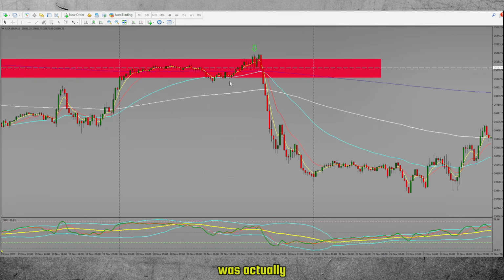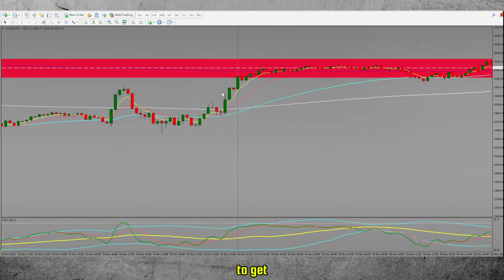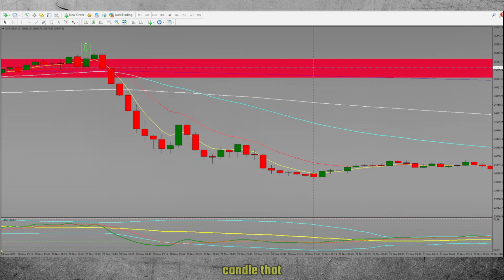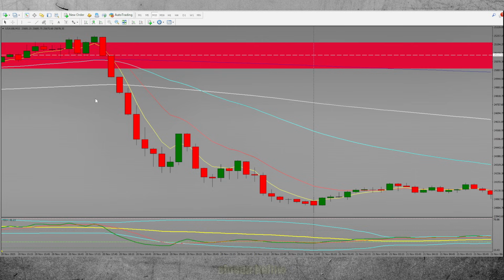So this was the point where we had a sharp drop to the downside. In this instance, we want to get reversal candlestick patterns, whereby we look to get a candle that closes below a high that has been set.